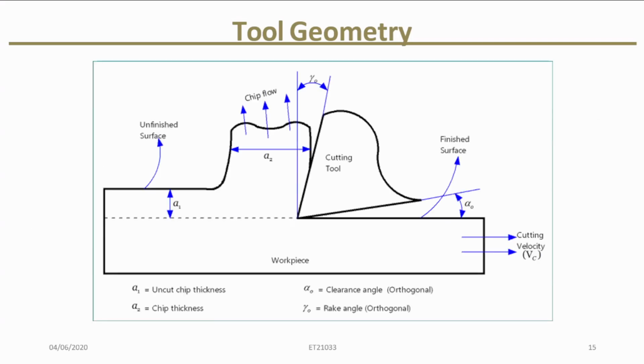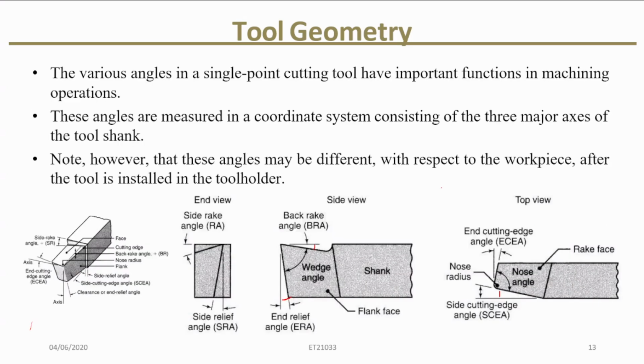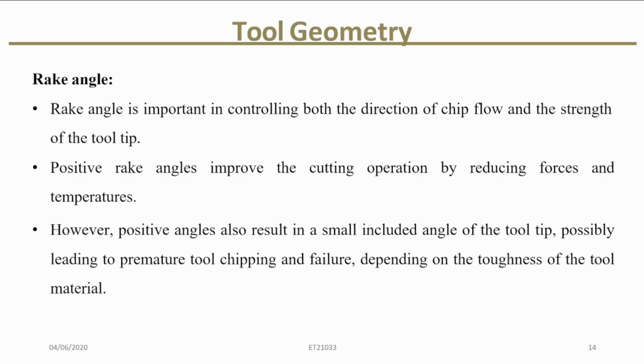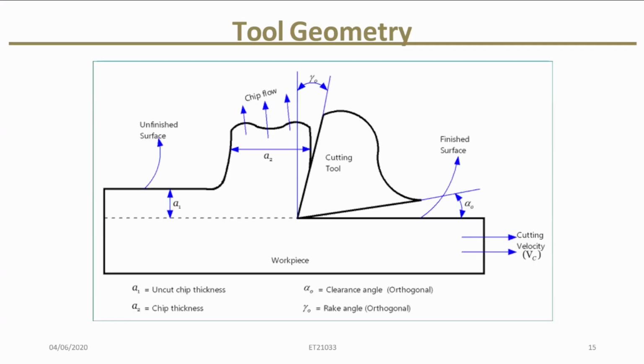So in here, these are the rake angles. There is a back rake angle type. When we consider this part, this is the rake angle. You can see in the below it's mentioned the rake angle is this one. There are positive and negative rake angles.